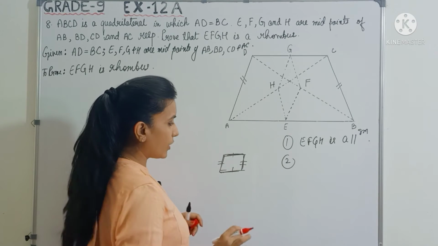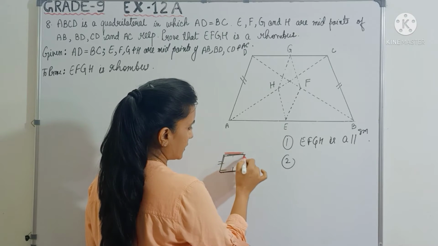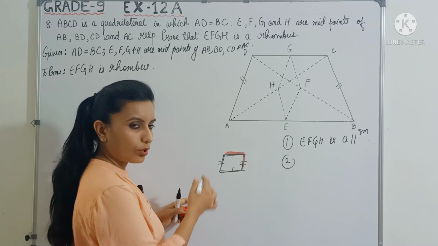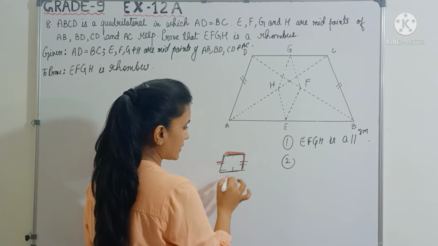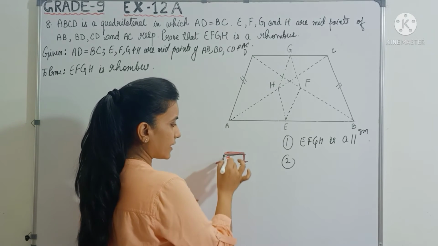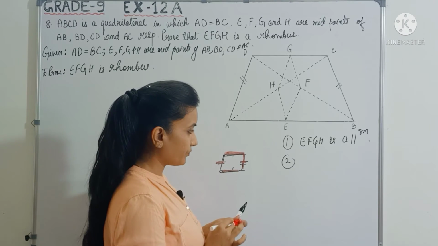If you show any one pair of adjacent sides are equal, let's say this and this. If you show that these two are equal, then automatically, all the sides will be equal to each other. Why? Because this is already equal to this, right? And this is equal to this. So even this will become equal to this, correct? And this is equal to this. So all four sides will be equal to each other, correct?